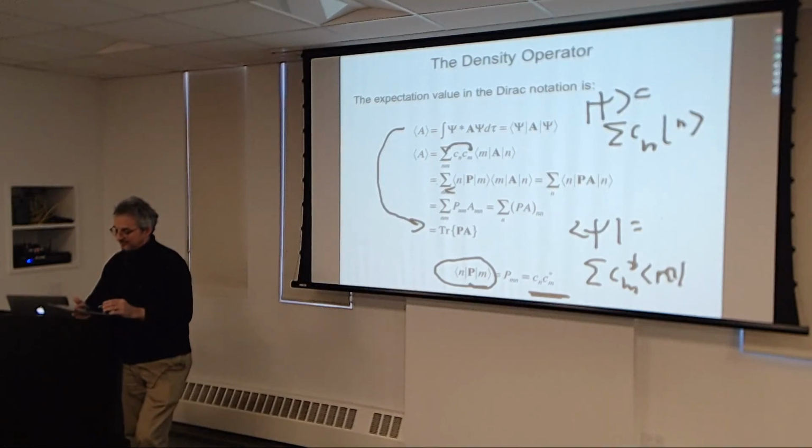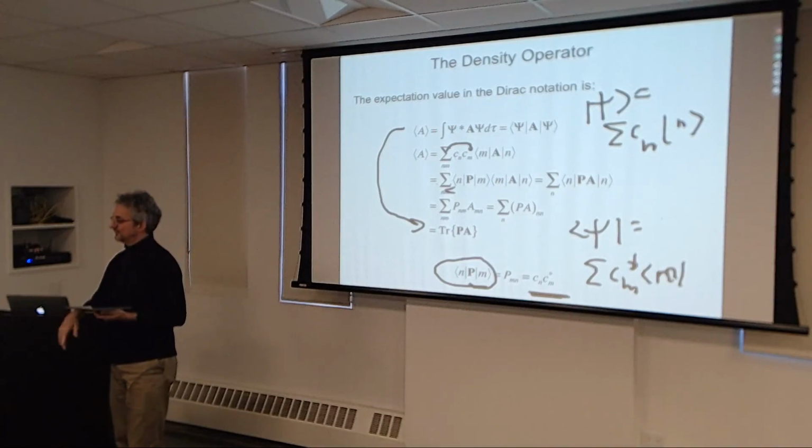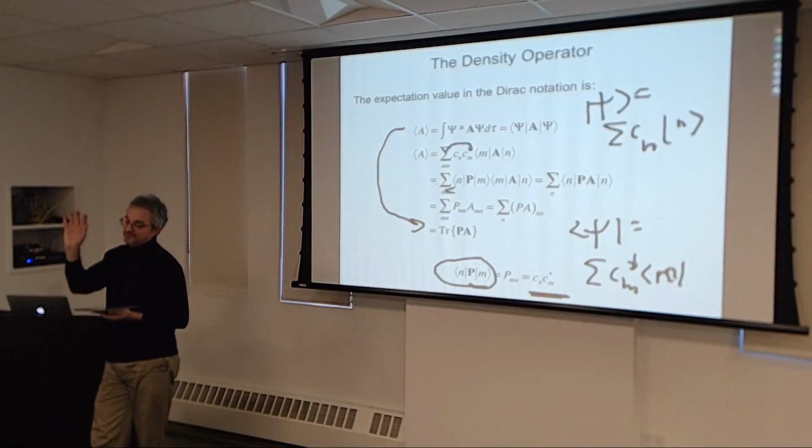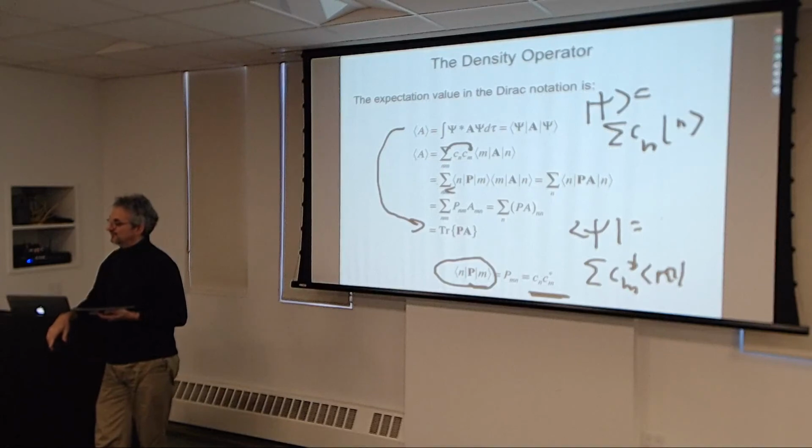So p has the feature that it depends on what basis functions we chose. P is going to look different if I pick basis functions that were sines than if I pick basis functions that were cosines or sums of sines and cosines. So this will depend on what basis I pick. But that's a mathematical convenience.